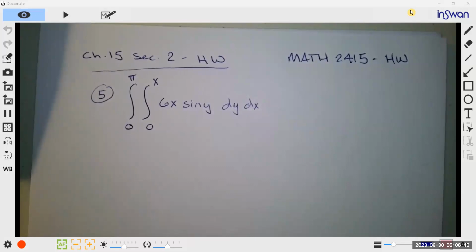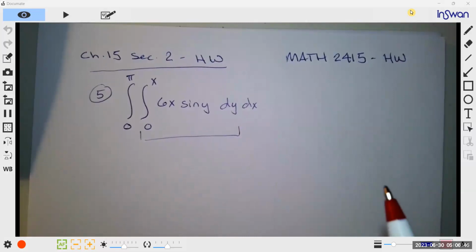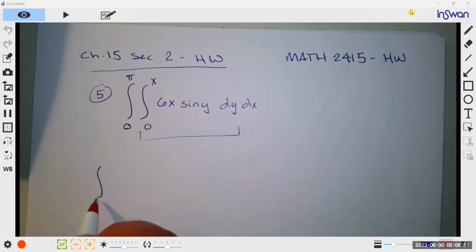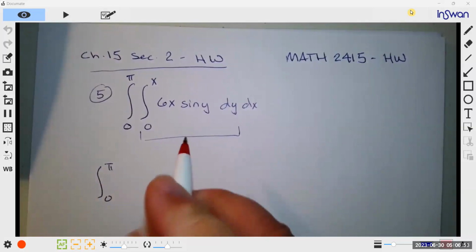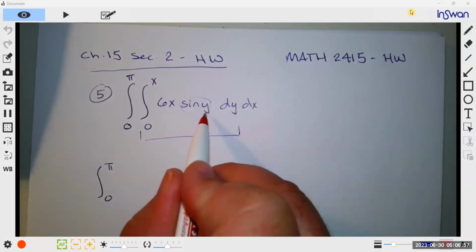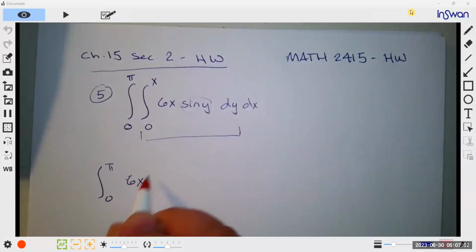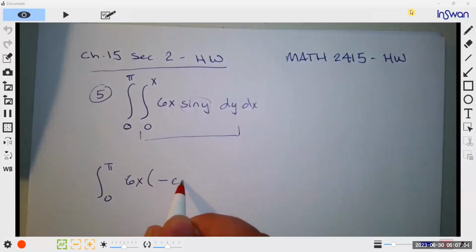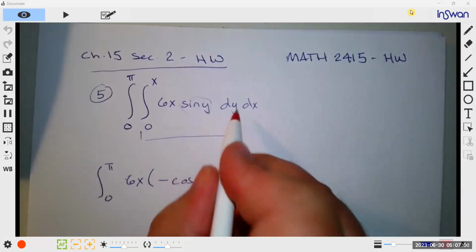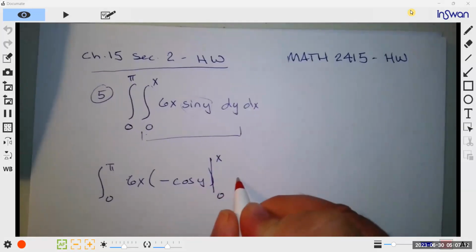All right, now the first part here, it's telling us that we have to integrate with respect to y. So the integral of sine y is negative cosine y. And that's from the bounds 0 to x.